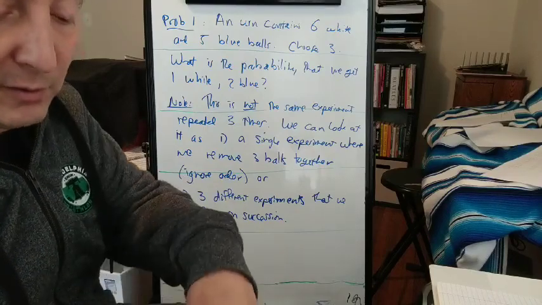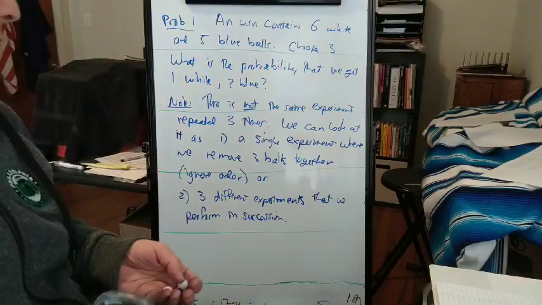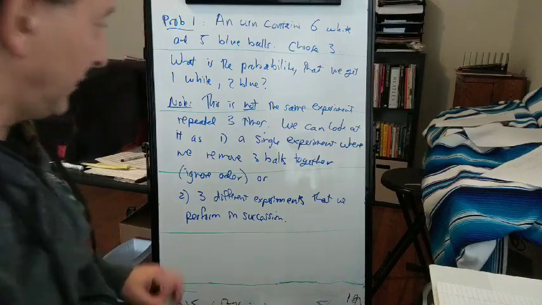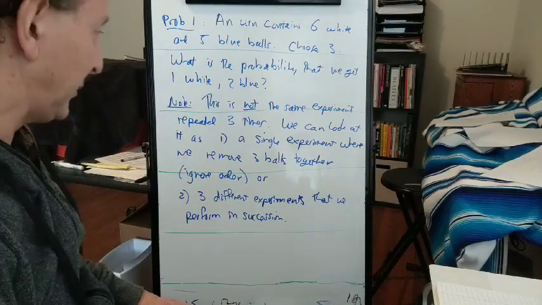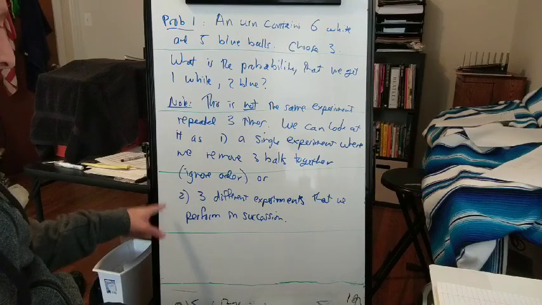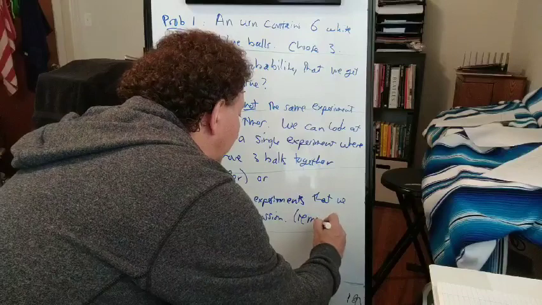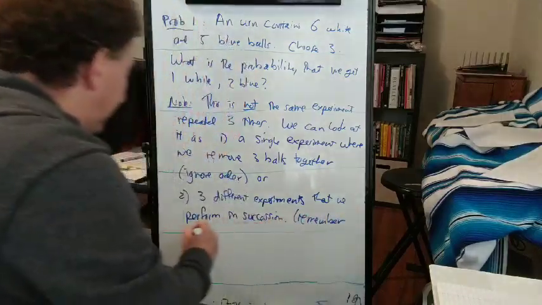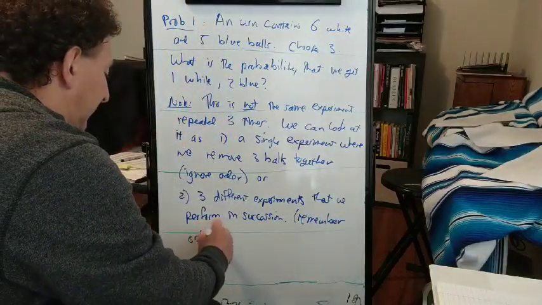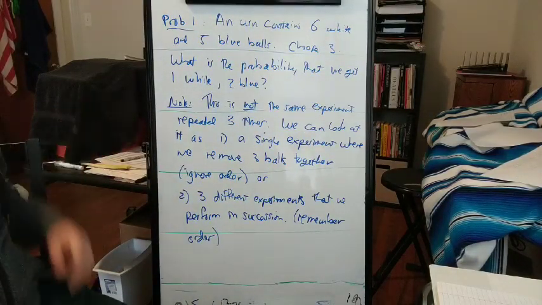And then the third ball is coming out of an urn that has still fewer marbles. So each time it's going to be a slightly different experiment. So if we look at it that way, here we're remembering order. Alright, so let's compute the probability both ways.